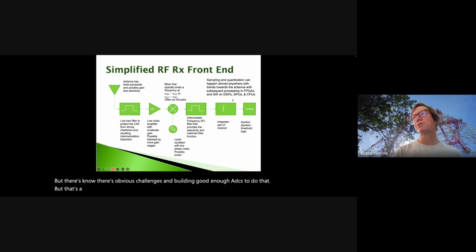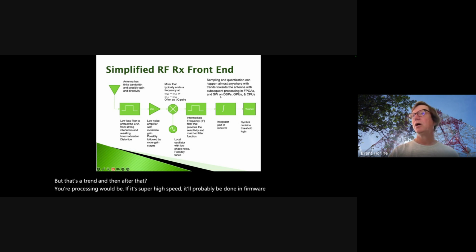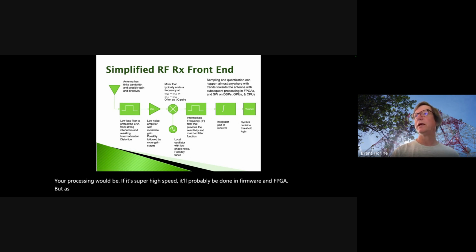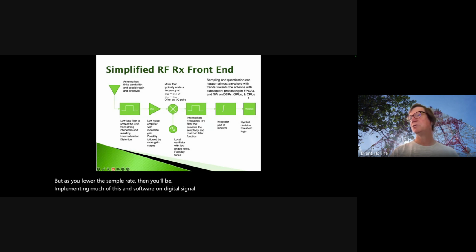And then after that, your processing, if it's super high speed, will probably be done in firmware on an FPGA. But as you lower the sample rate, then you'll be implementing much of this in software on digital signal processors, GPUs and CPUs.